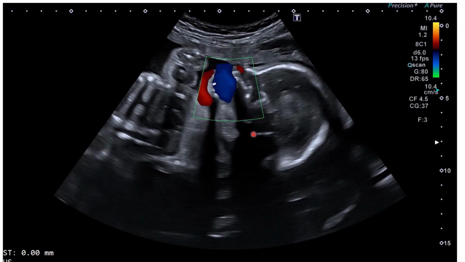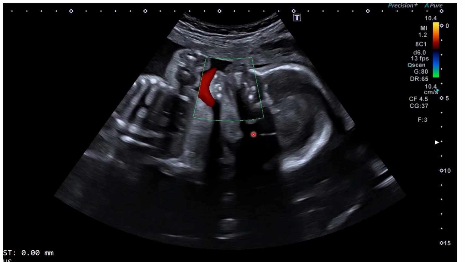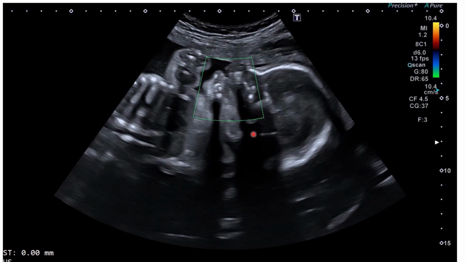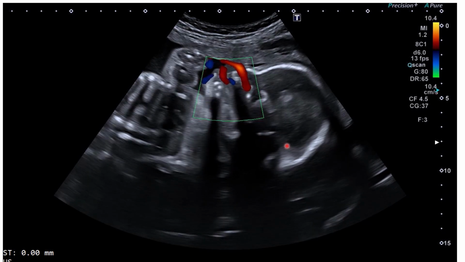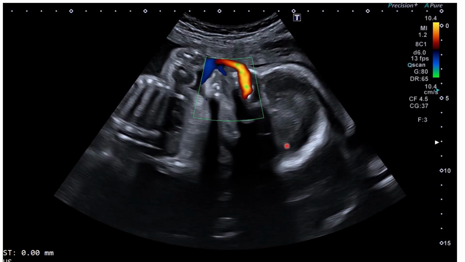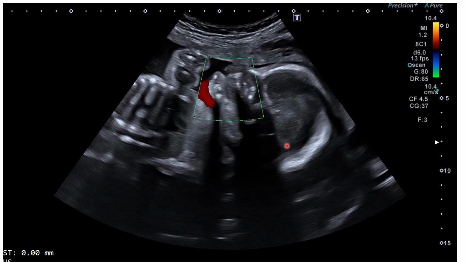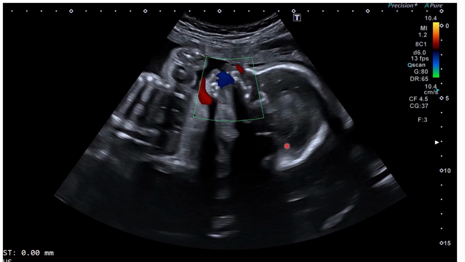If you look closely, you can see that the baby is swallowing there. So this is how you capture fetal breathing.